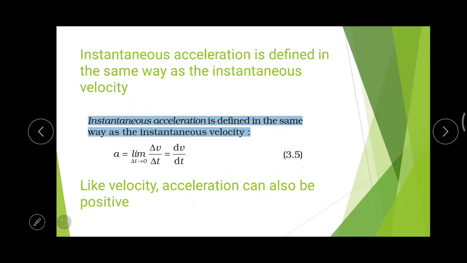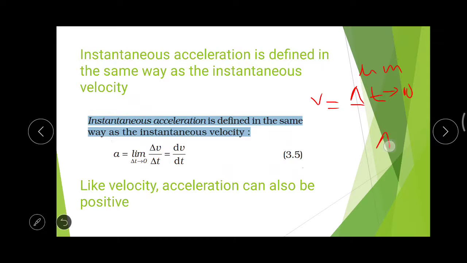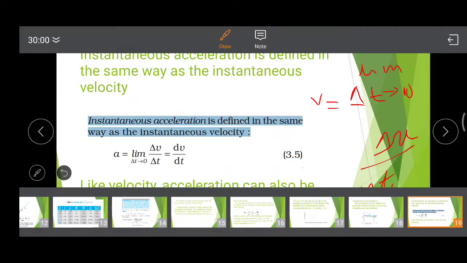We know that instantaneous velocity v was equal to the limit as delta t tends to 0 of delta x by delta t.